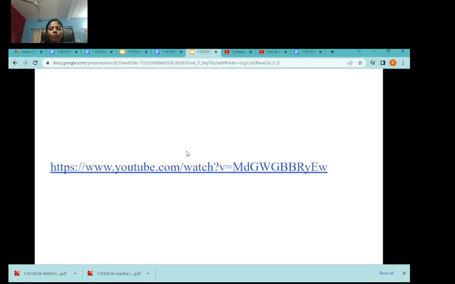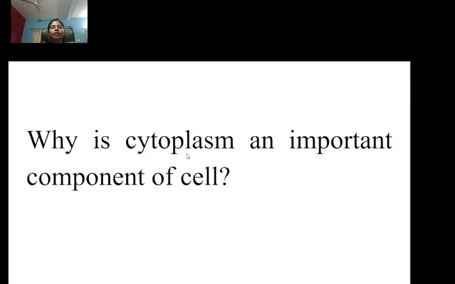So yes, cytoplasm is the jelly-like substance present between the cell membrane and the nucleus. Various other components are present in the cytoplasm, like Golgi body, mitochondria, ribosomes, and many other parts, right? Now, why is the cytoplasm an important component of the cell? Why do you think so? Yes, because if it will not be present, then the cell will deflate.